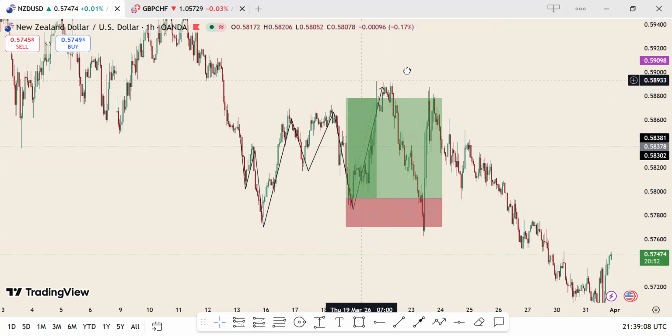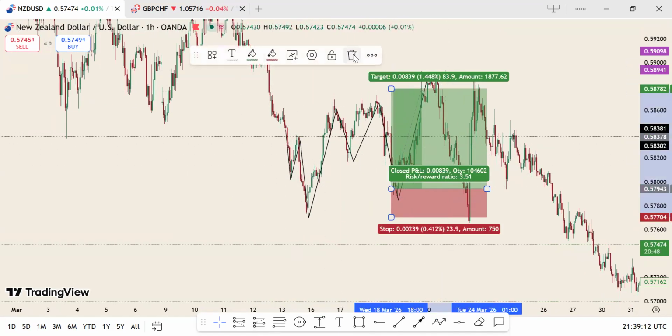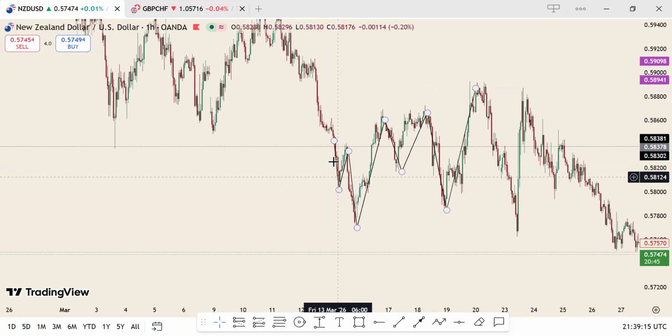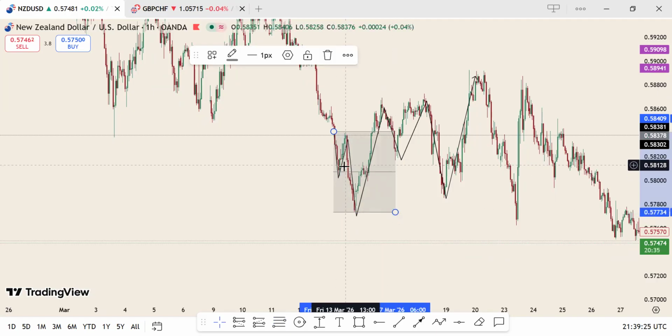So yeah, I remember since this sweep is looking kind of questionable, always remember to measure your sweeps. You can just measure, check, is it in the 50% Fibonacci?